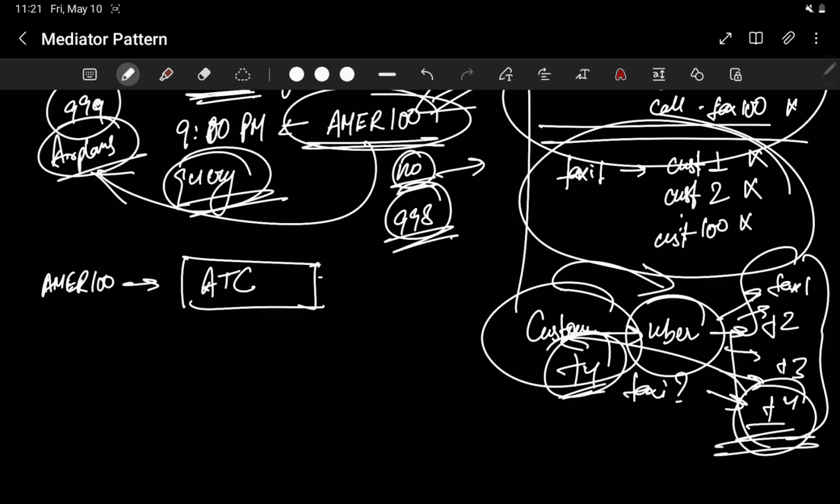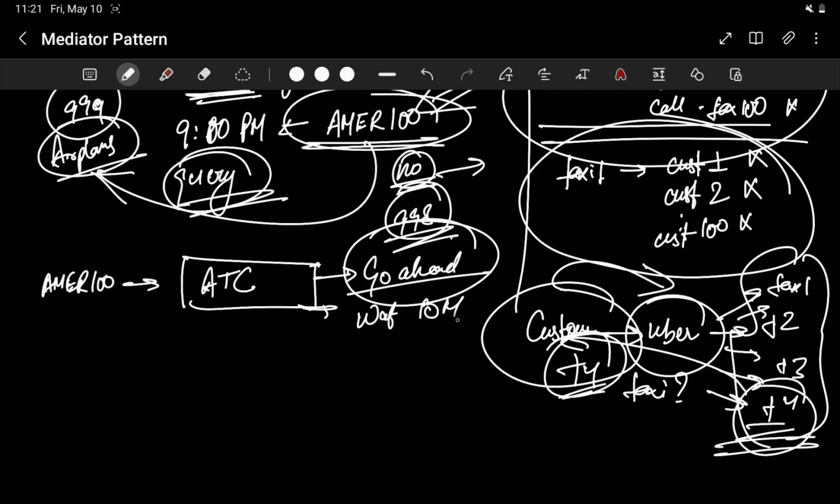That's why it can say okay, go ahead, land. Or let's say there is some other flight lined up to take off or land, then it can say okay, just wait for 10 seconds, wait for 10 minutes in the air and I'll give you a signal.